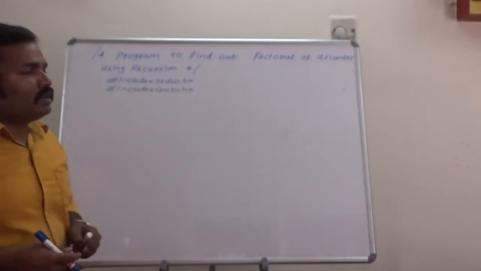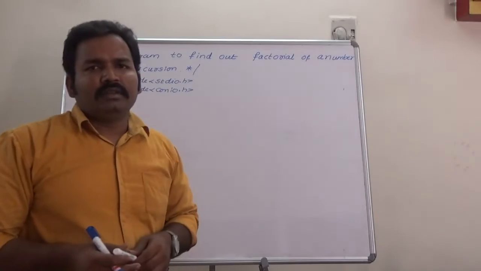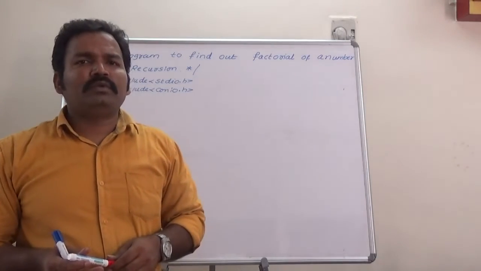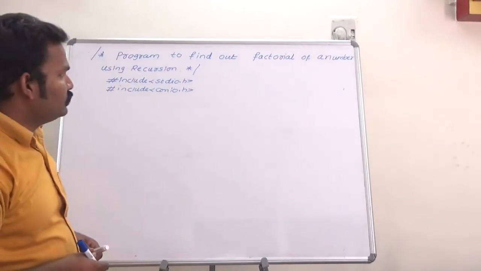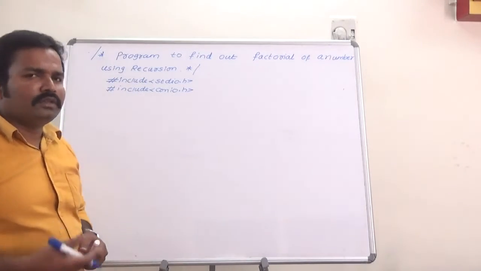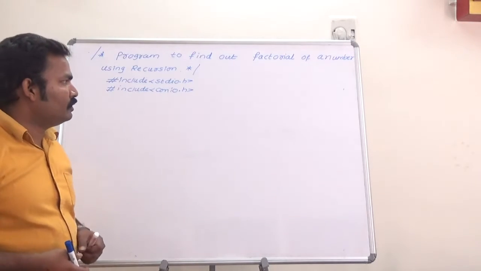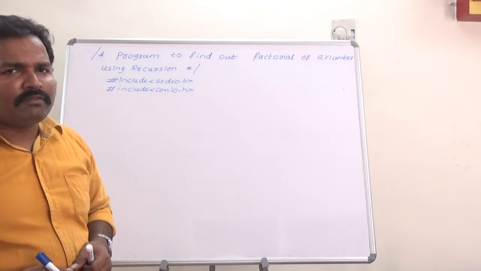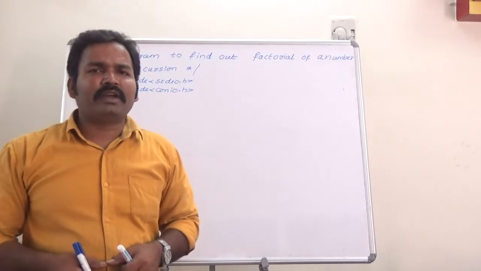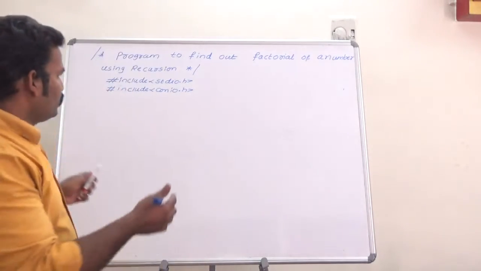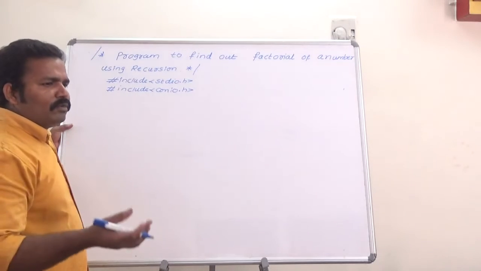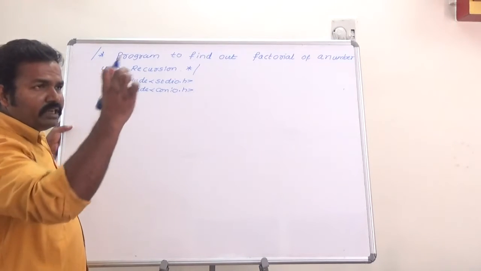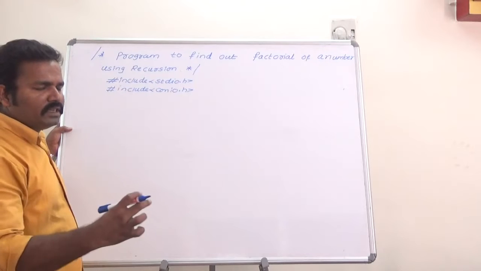To find the factorial of a given number, here I want to create one user defined function. Without using a function you can also do it, but here I want to create one function to find the factorial of a given number. A user defined function has 3 elements: function declaration, function call, and function definition.